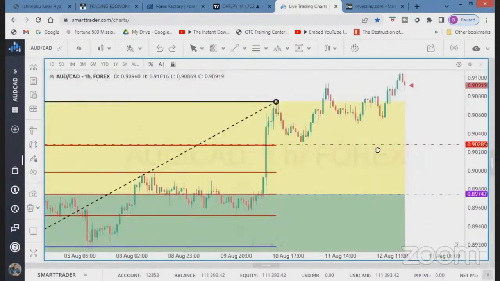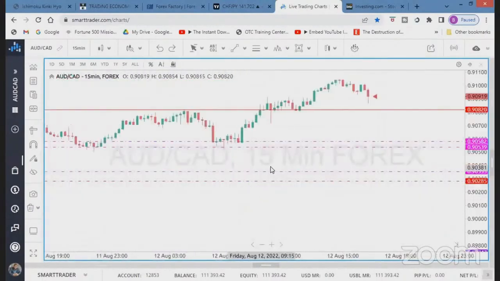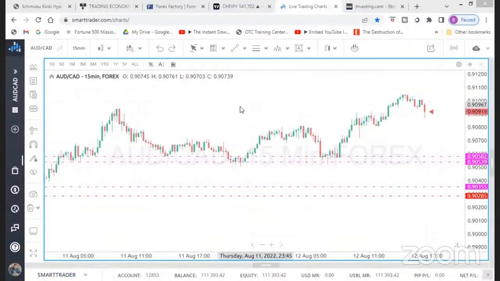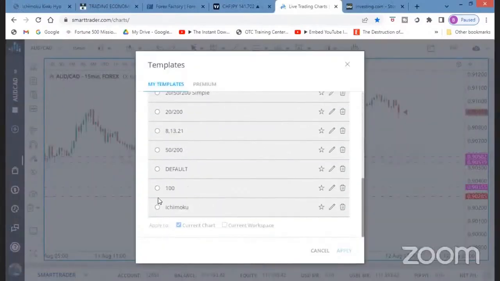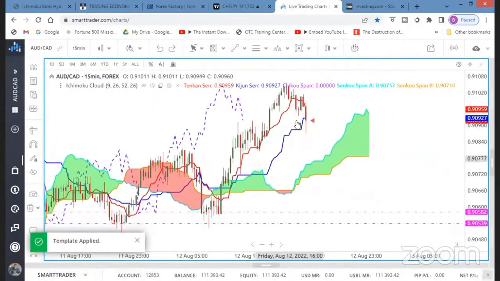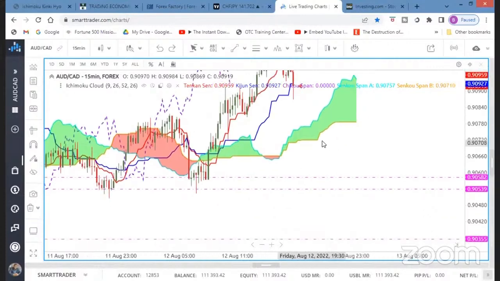You could drop a cloud on the 15, and as this crosses down and breaks that cloud, you can say, I'm gonna play a cloud breakout.